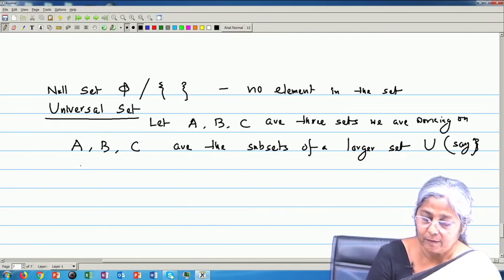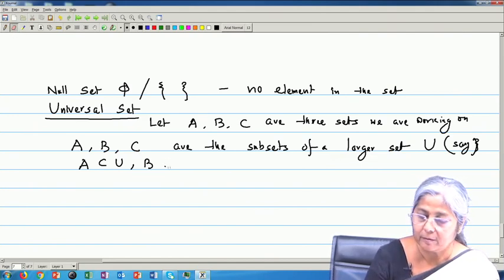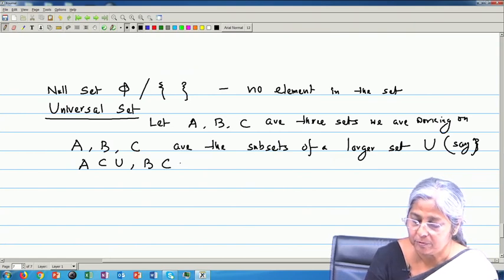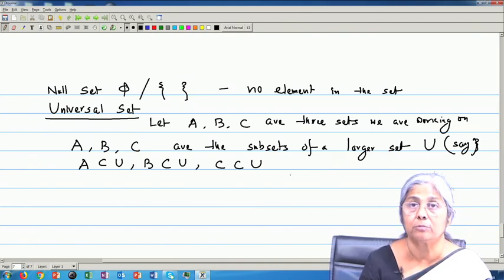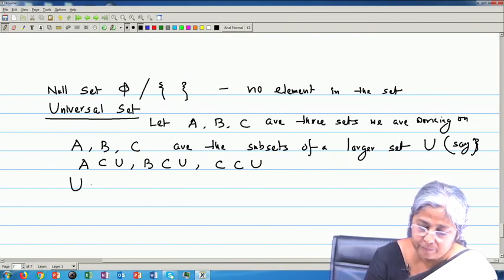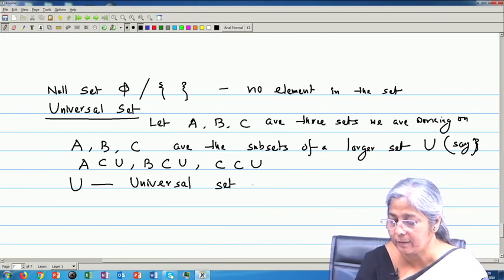Then A, B is a proper subset of U, and C is also a proper subset of U, not equal. So, then U is the universal set, or sometimes we call it the universe.